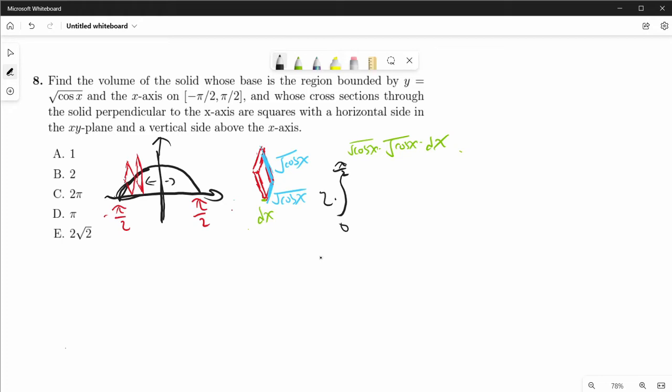This side has the same volume as this side, as it is an even function. And so it will be square roots times each other. It will just be cosine x dx.